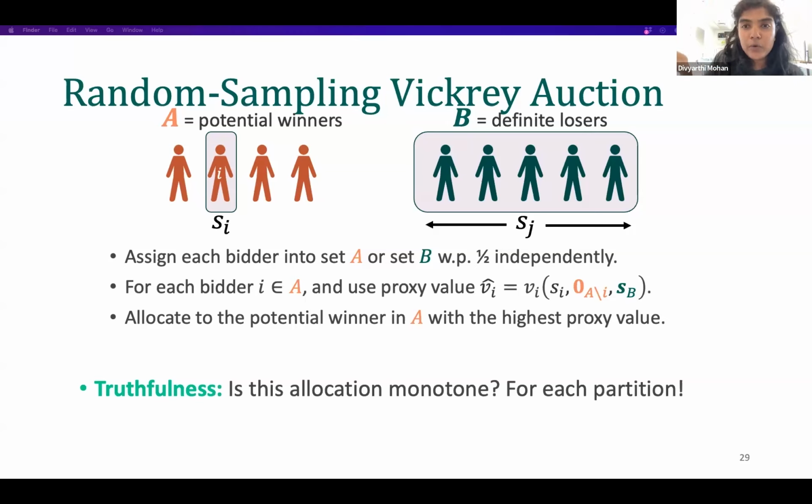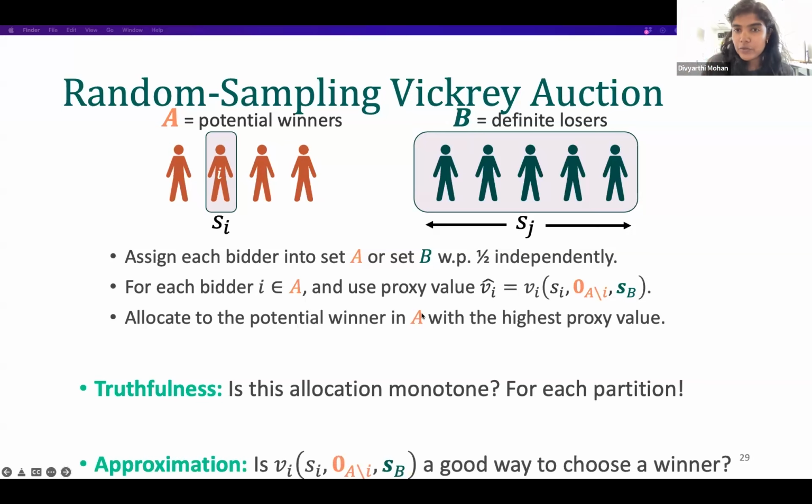So they're only more and more likely to be chosen, right? Agents in B are never going to be chosen. So if they increase, decrease, their allocation is always going to be 0. So that's non-decreasing. But agents in A, their allocation can only increase when they increase their own signal S_i. Okay, so yes, we have truthfulness.